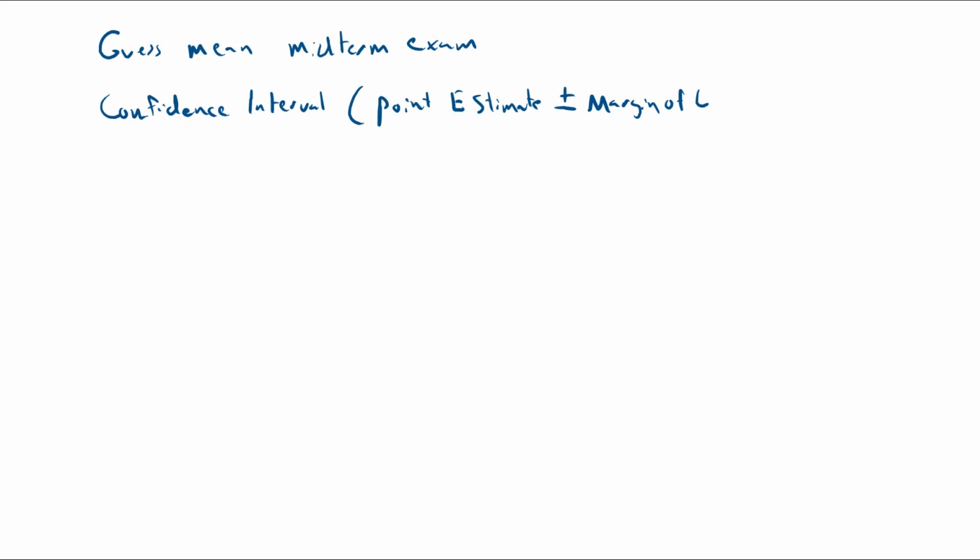With that, your point estimate, we'll see that being abbreviated by just the PE, and we'll say plus or minus our margin of error will simply be MOE, for margin of error.